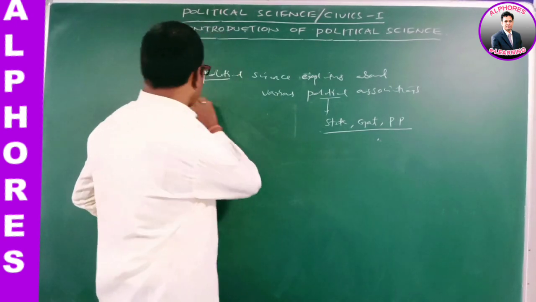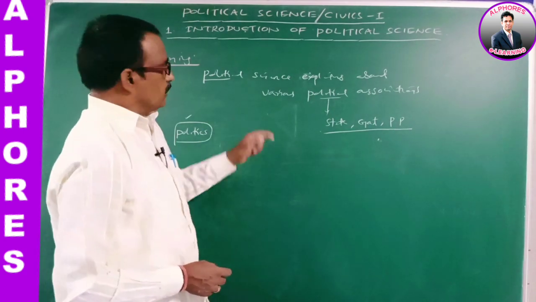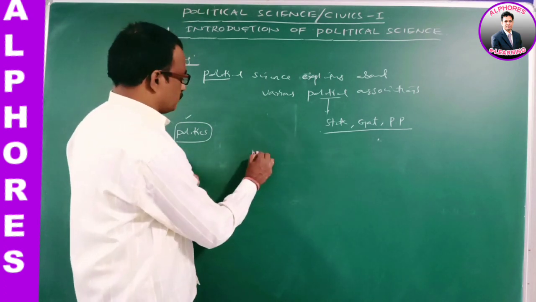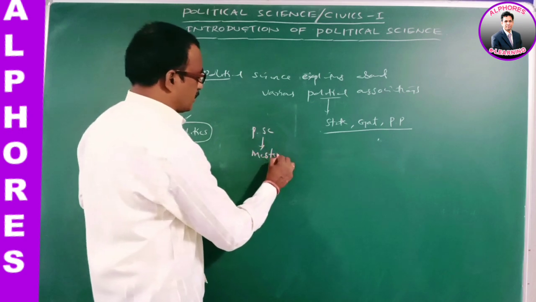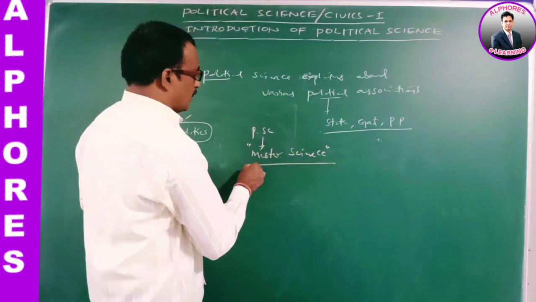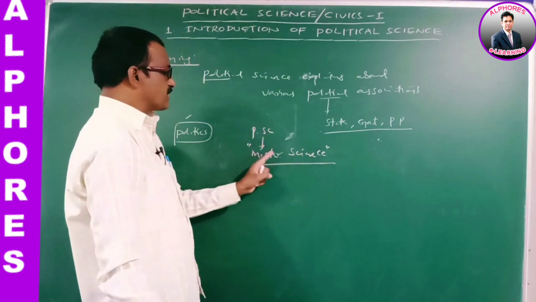Then Aristotle called the political science as a master science. Political science is called as a master science. Who said that? Aristotle said that political science is a master science.